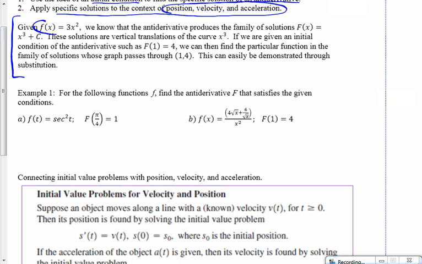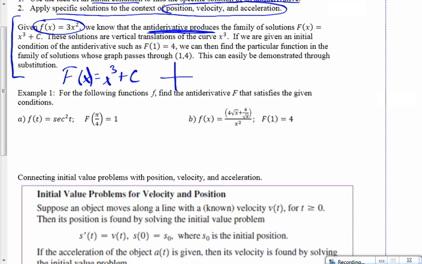If we're given a function, f of x equals 3x squared, we know that through that antiderivative from yesterday, it produced f of x equals x cubed plus c. That's power rule, or just a simple recognition that a quadratic becomes a cubic when you're doing an antiderivative process. Now, all of these are x cubed.